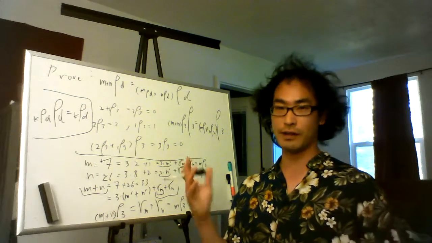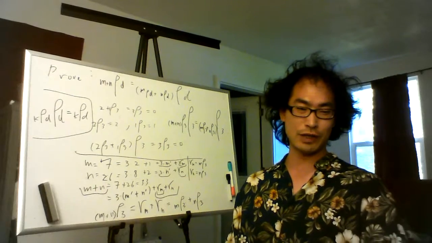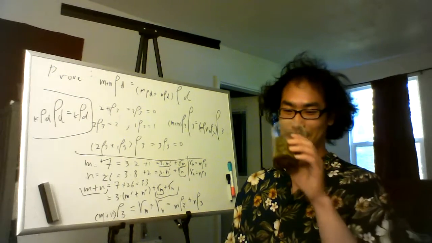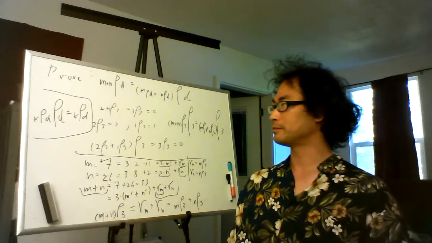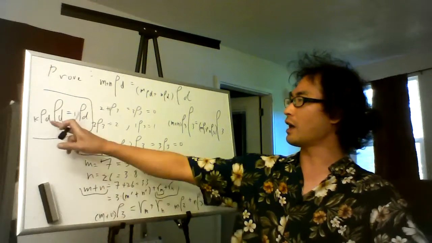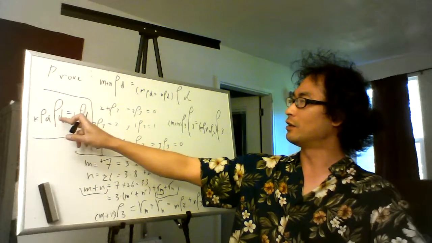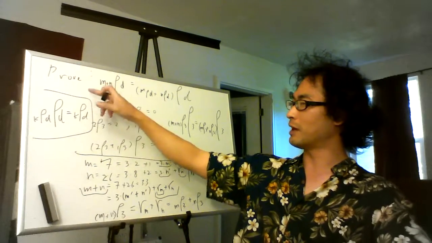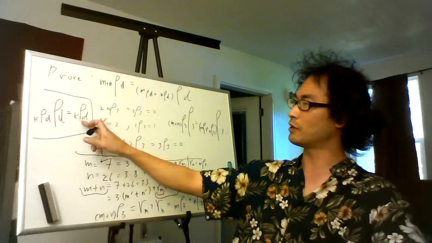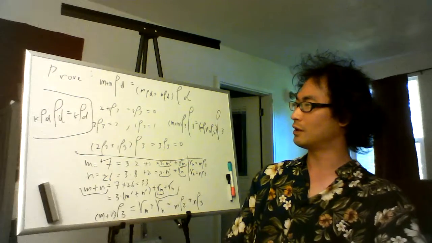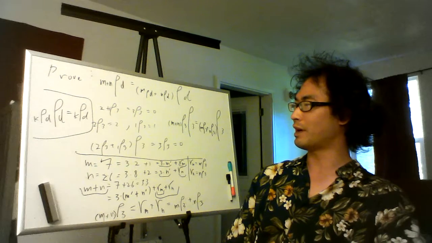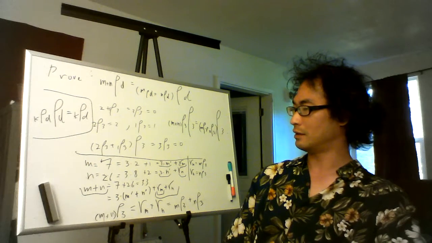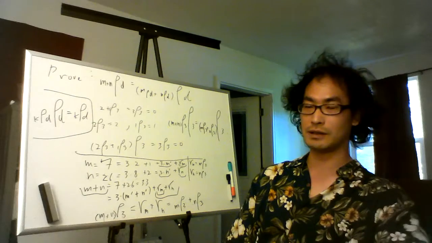K rho d rho d rho d rho d and so on can all be collapsed to k rho d. So that is something brand new, as far as I have seen.